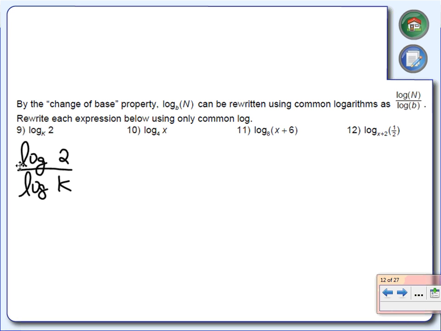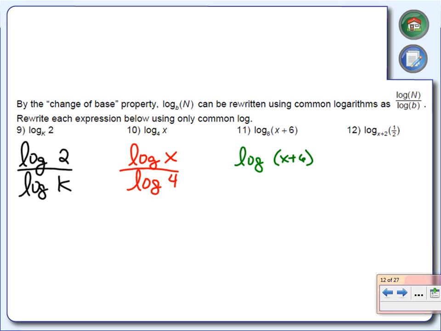Look at number 10. Same thing. All we're going to do is rewrite it. So what's the numerator going to be? Log of x. The denominator is going to be log of 4. That's simple. 11. What's the numerator? Log of what? x plus 6.